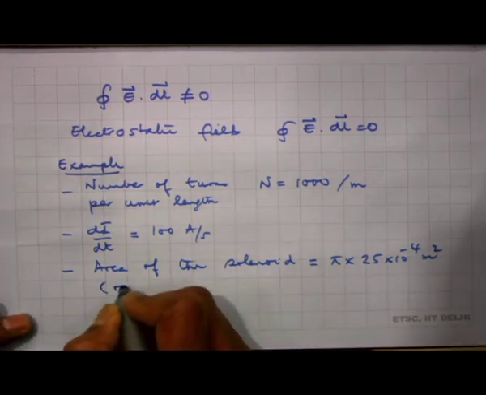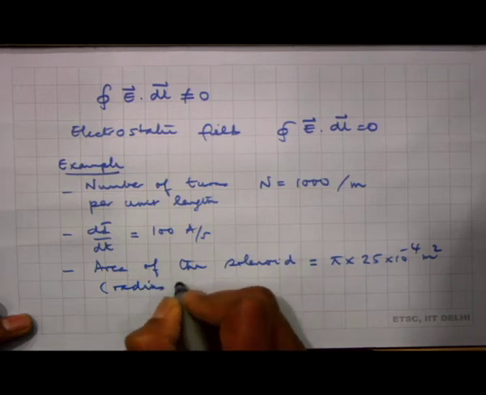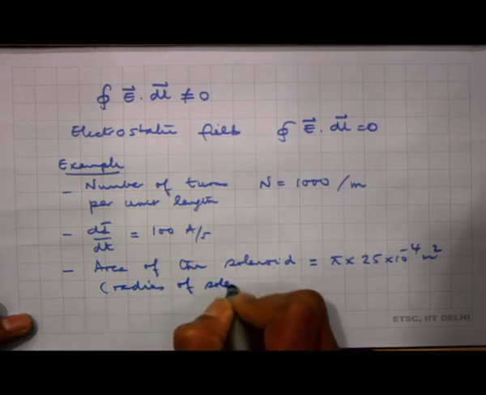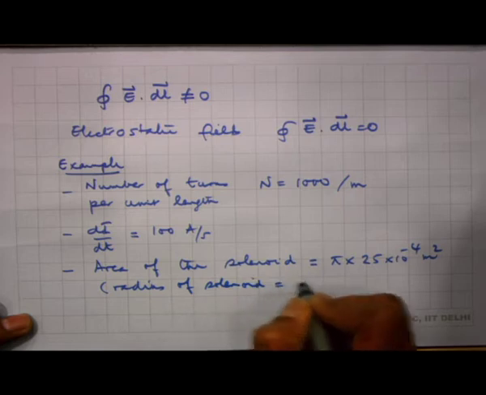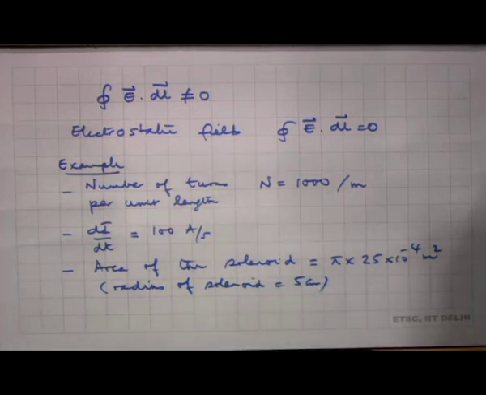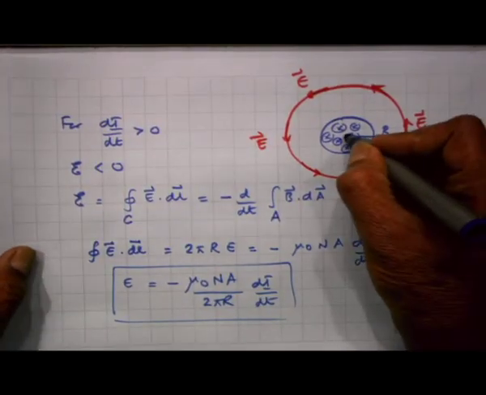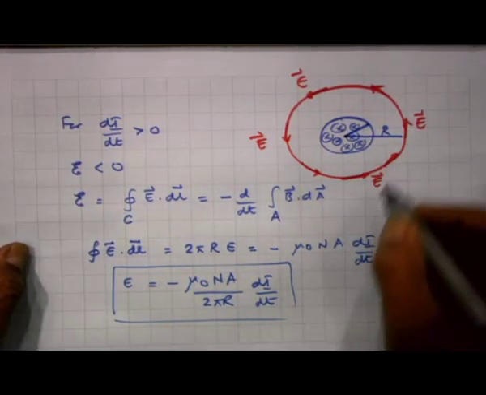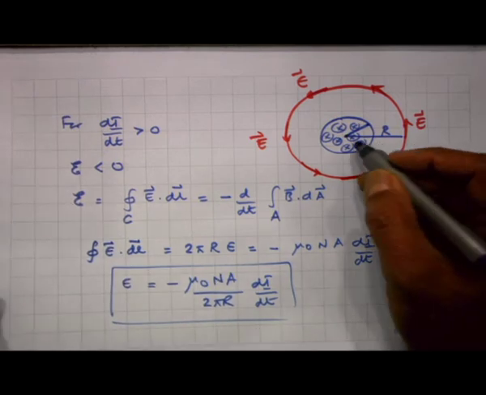So, this radius is 5 centimeters, and I want to calculate at a distance of 10 centimeters from the center of the solenoid.